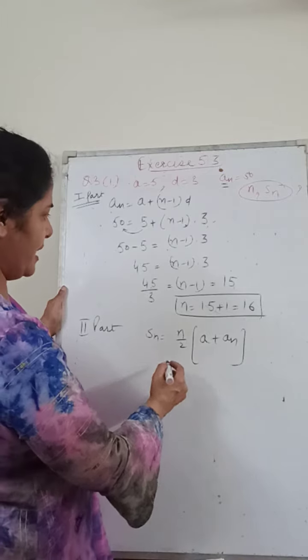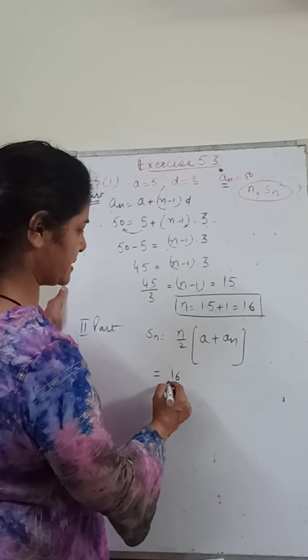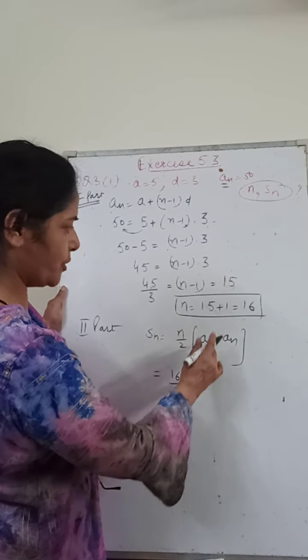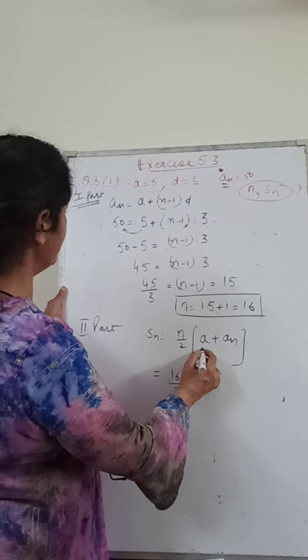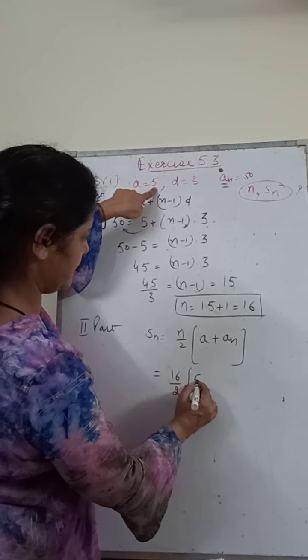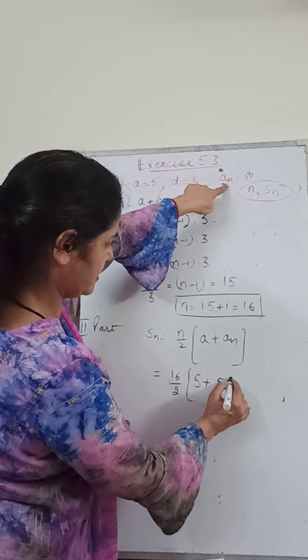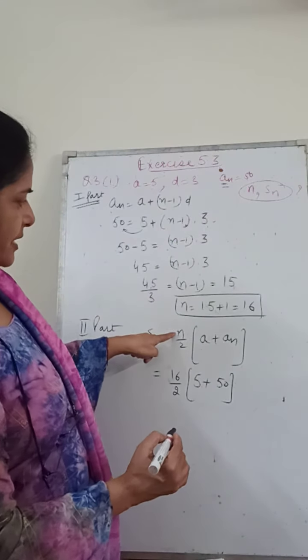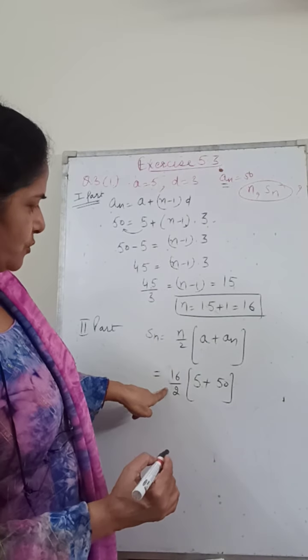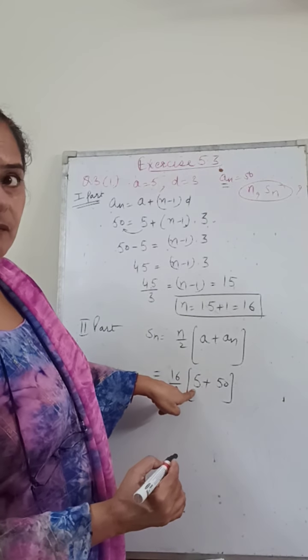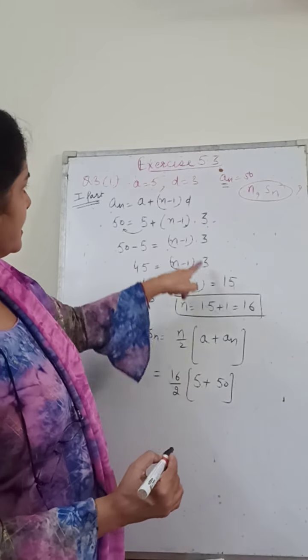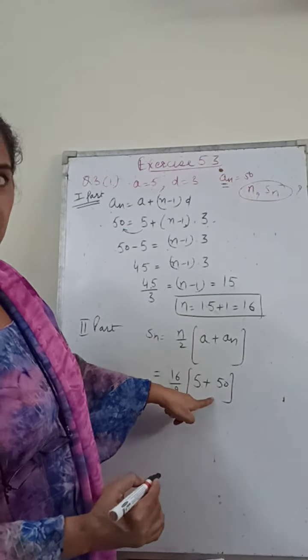N is what? 16 upon 2. A is what? 5. An is what? 50. N is 16. 16 by 2. A is 5 plus an is 50.